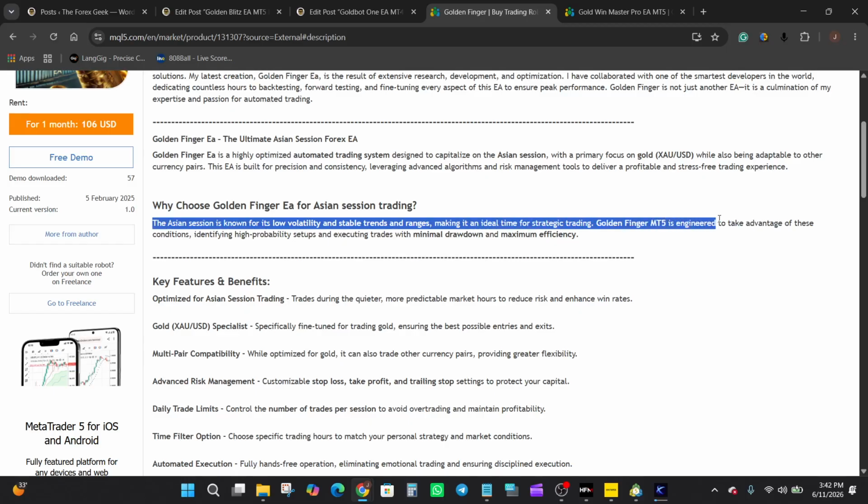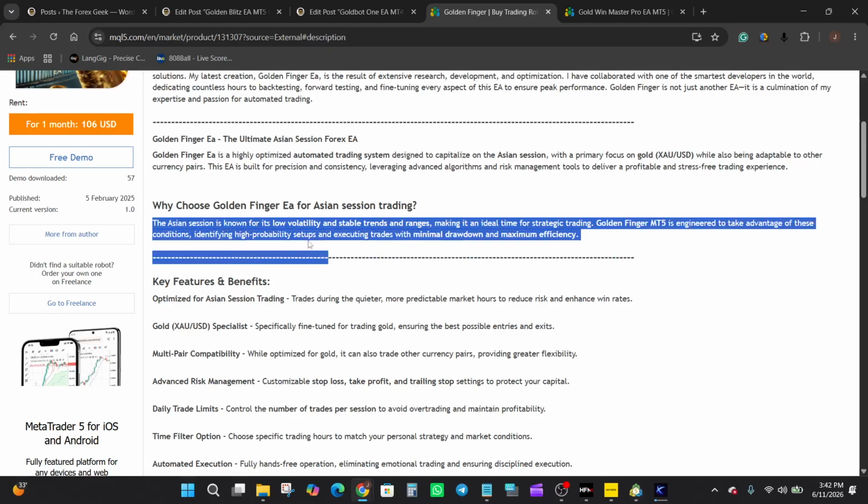Golden Finger MT5 is engineered to take advantage of these conditions, identifying high probability setups and executing trades with minimal drawdown and maximum efficiency. So the idea is to take advantage of quieter market conditions where price tends to be more stable compared to high volatility sessions.